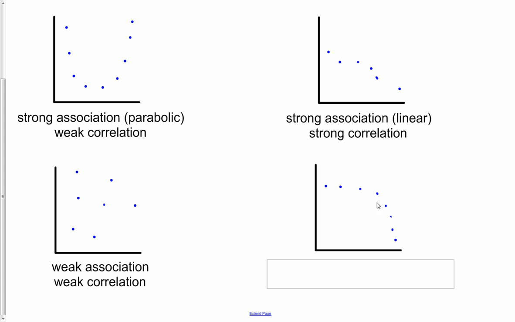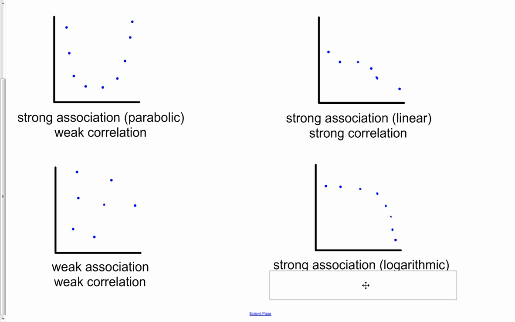And finally, this last one, it seems like these dots form a nice clean line, and that's probably a logarithmic pattern. When you see something like that, that tends to be often logarithmic. So there's strong association, but there's not really a great line that fits the data. So we're going to call this one moderate correlation.